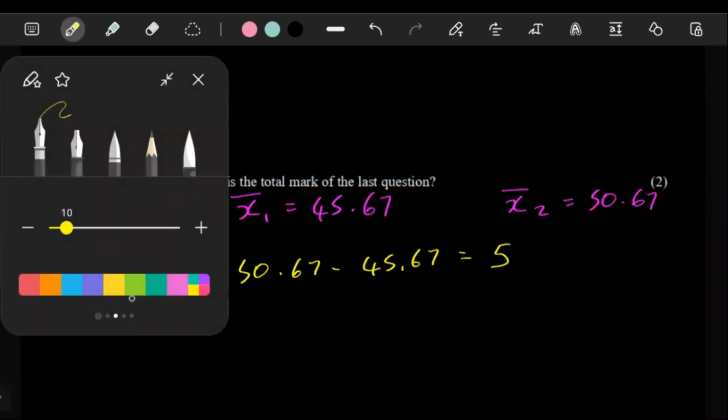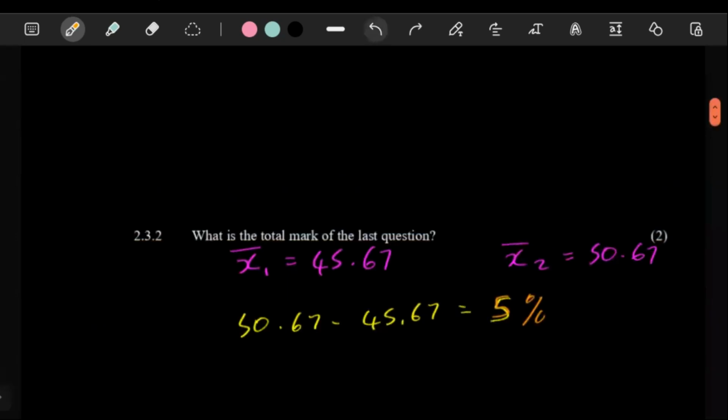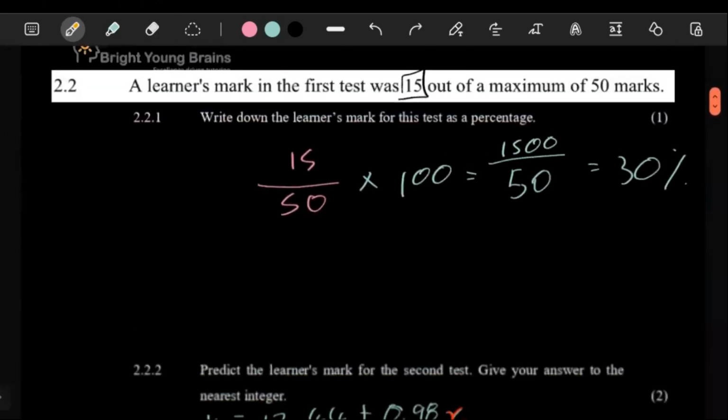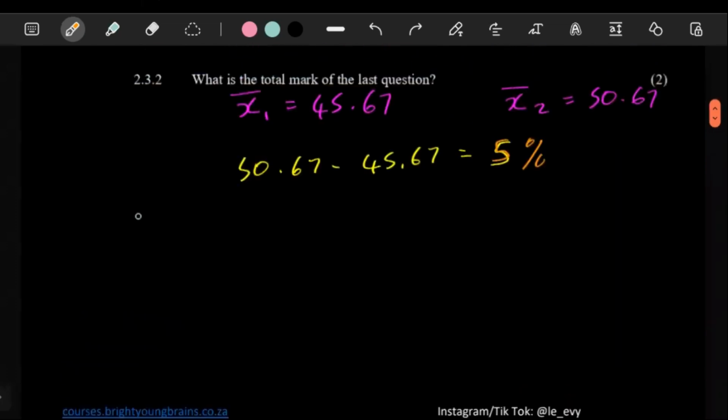With this being said, we know that it is a 5% increase. The last question contributed 5% to what was originally there.